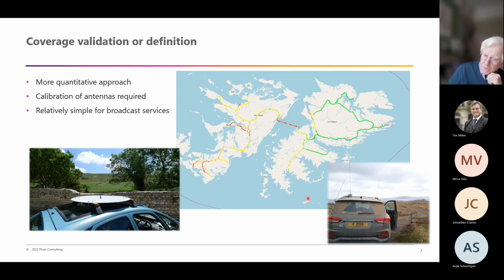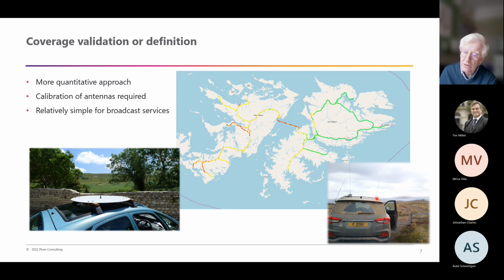That's not always possible. On the right here, you see some measurements we did in the Falkland Islands in the South Atlantic. And here we were just provided with a car, and we had to transport antennas on a plane. And so we weren't able to take this large sheet of metal with us.